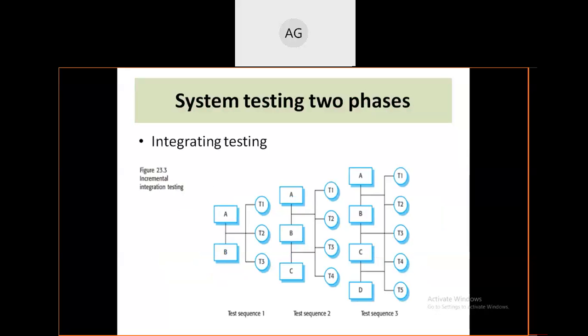In that case we are using integration, meaning we are combining two or more components. In companies, one project is not worked on by a single team; n number of teams will be working.